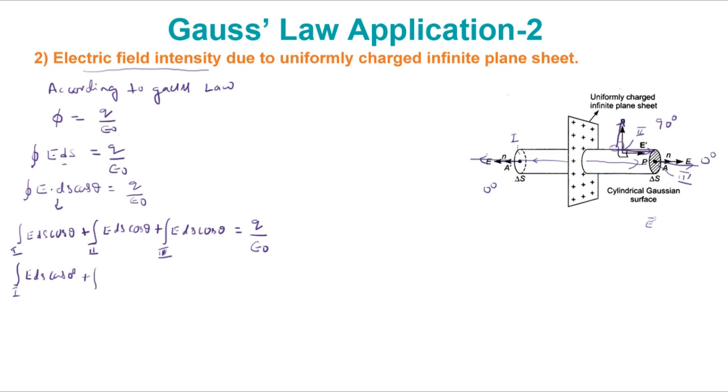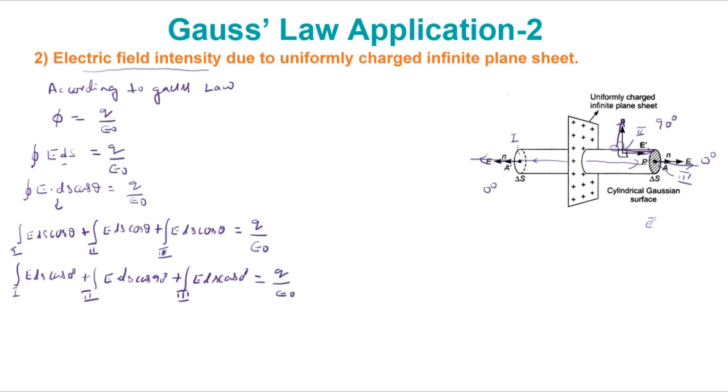Then the second part, E into ds, again cos, the second is 90 degree. Plus the third part, E into ds cos 0 degree. So the third part is 0 degree. Clear? Which is equal to Q by epsilon naught.